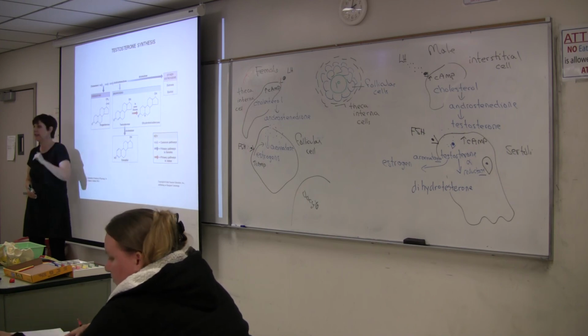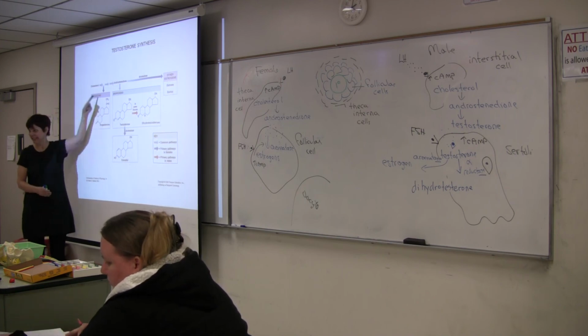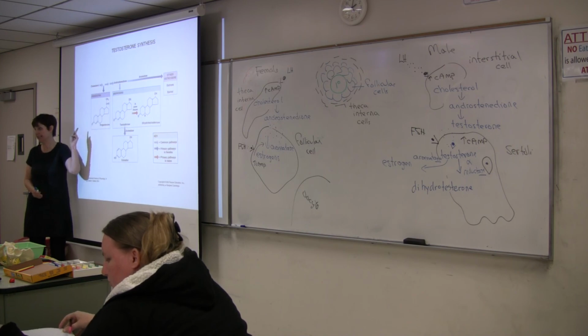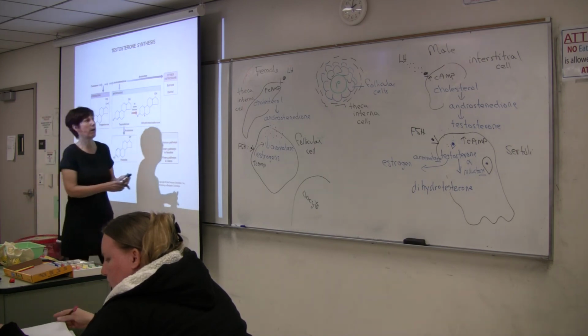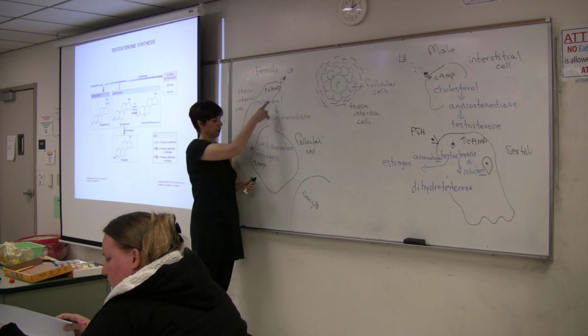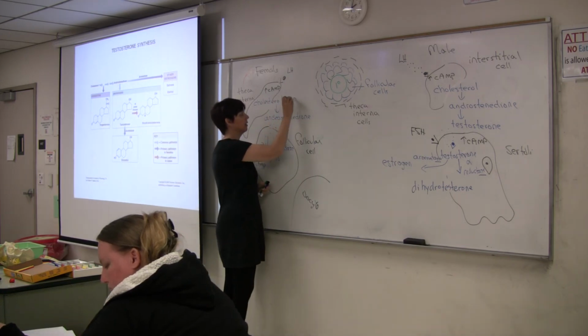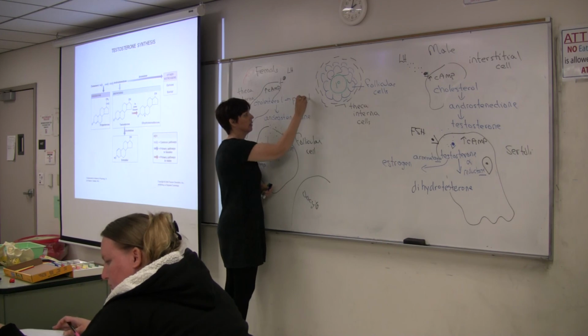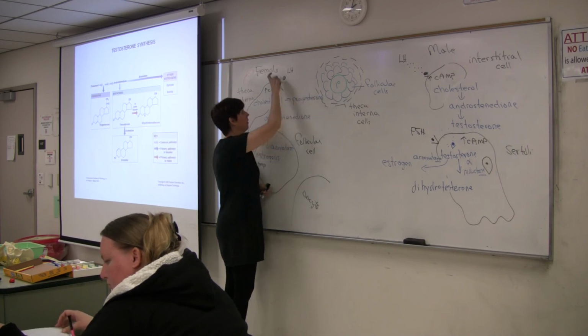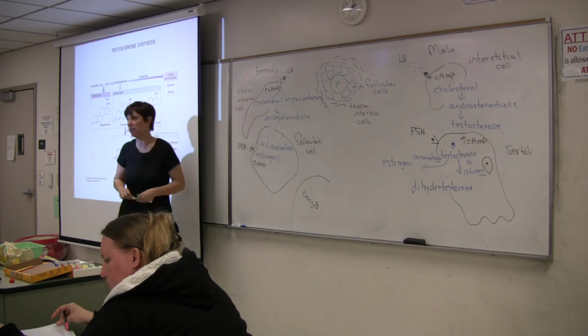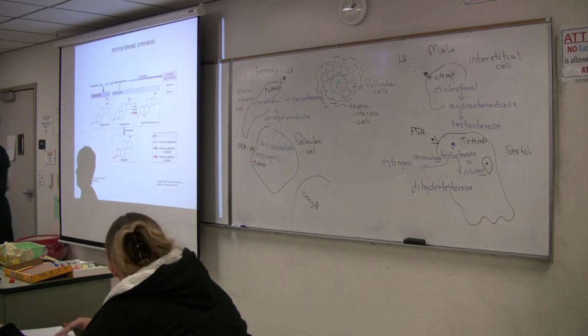We'll see that in our ovarian cycle, but I just want to link it here. It's a theca interna activity. So up here, cholesterol goes to androstenedione, but it can also go straight to progesterone, and that will occur after ovulation by the theca cells. Again, I'll get to that.